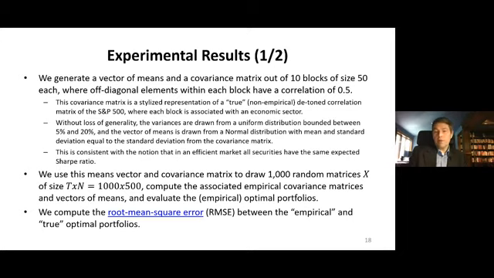This optimal portfolio is based on a sample from a ground truth. So we can compare the solution, the optimal portfolio that comes from that sample covariance matrix, with the optimal portfolio that would be derived from the ground truth. The difference gives us the estimation error.